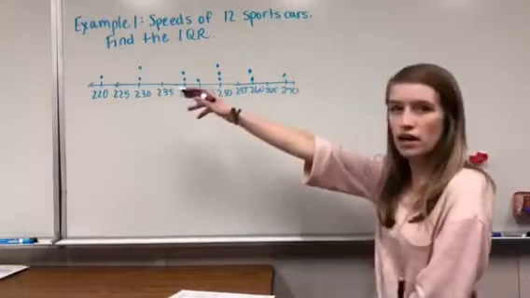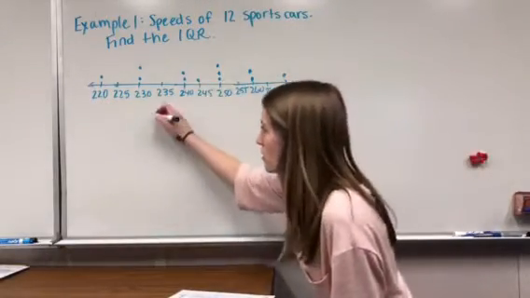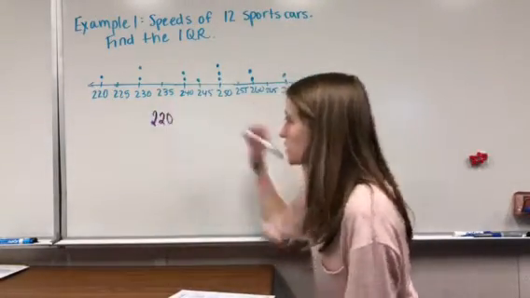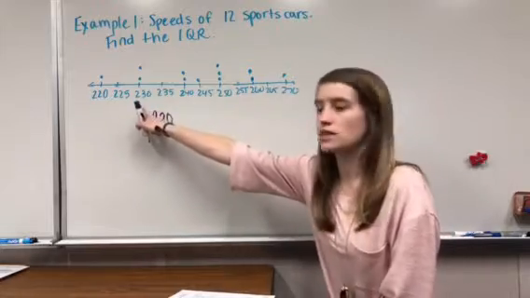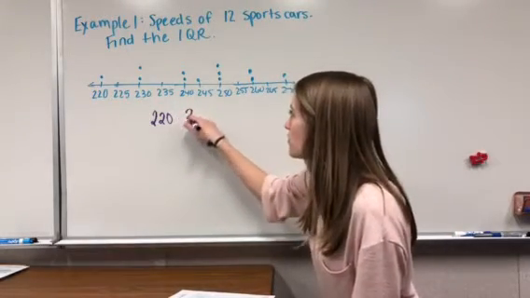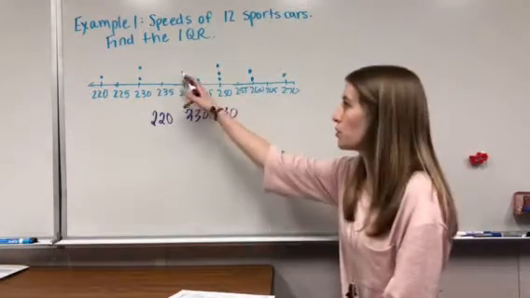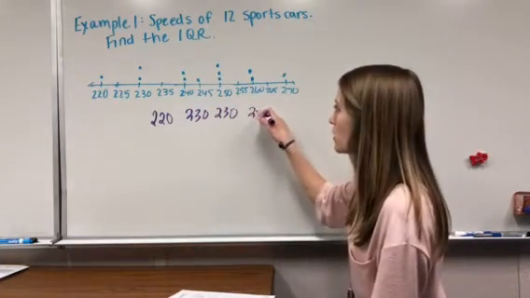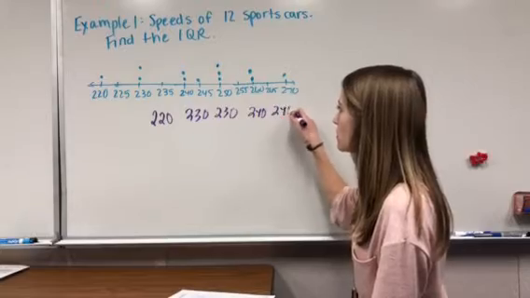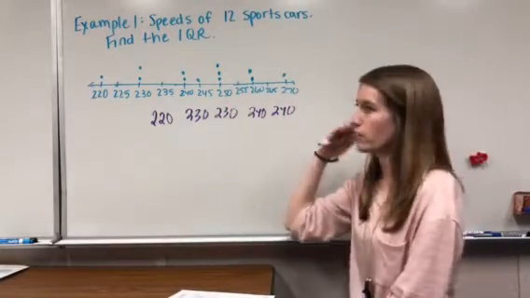If I have one dot above 220, I know that there's one value at 220. I have two dots above 230, so I know I have two values of 230. What's also great about going through with a dot plot is that we can automatically make sure our numbers are in order since they're already in order on the number line.